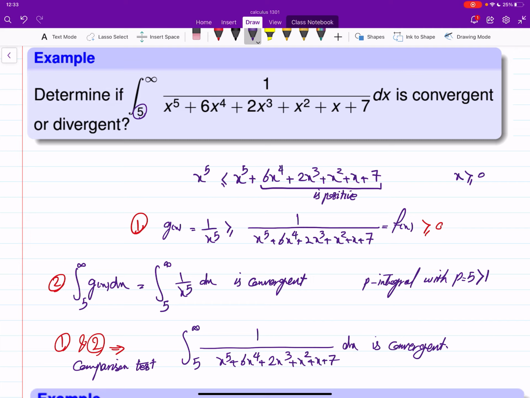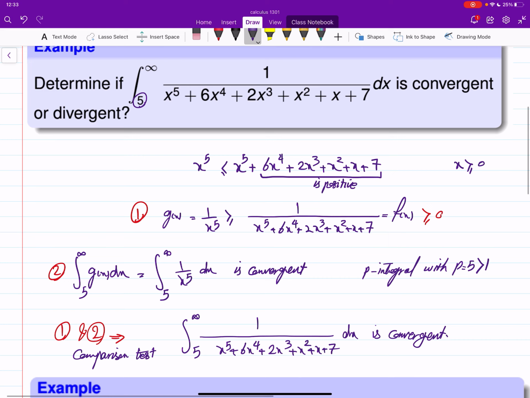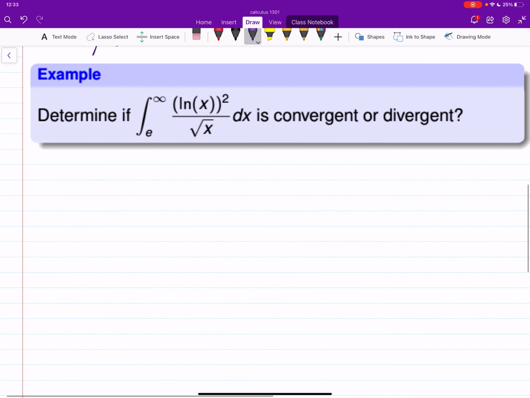We were able to just use the comparison test and prove that our given integral is convergent. Let's do another example here.